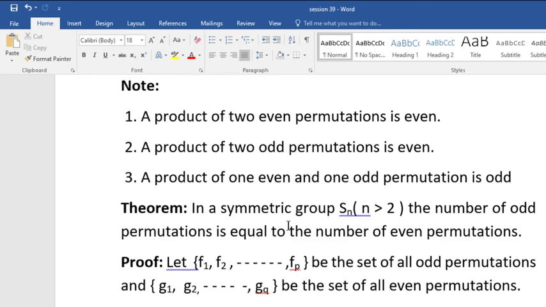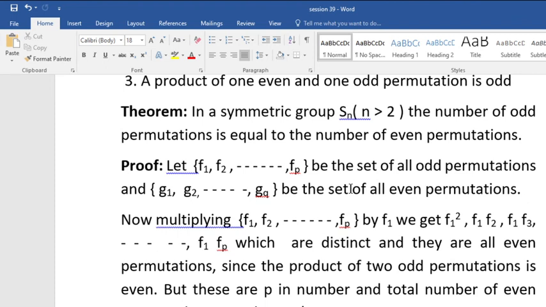Note that a product of two even permutations is even, the product of two odd permutations is even, and a product of one even and one odd permutation is odd. And we have the theorem: in a symmetric group Sn where n is greater than 2, the number of odd permutations is equal to the number of even permutations.